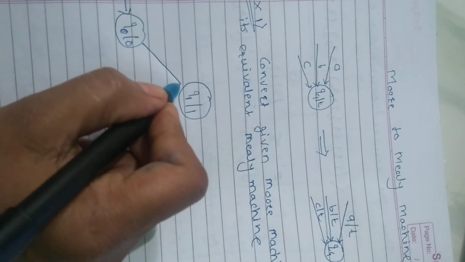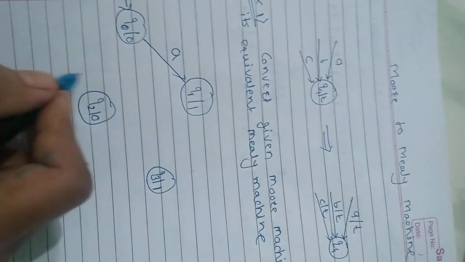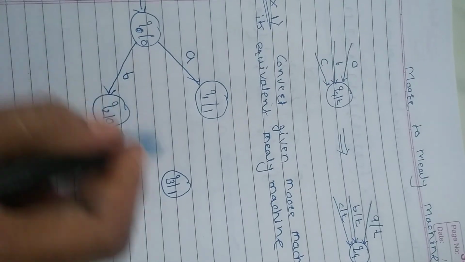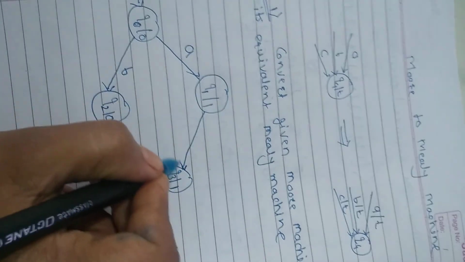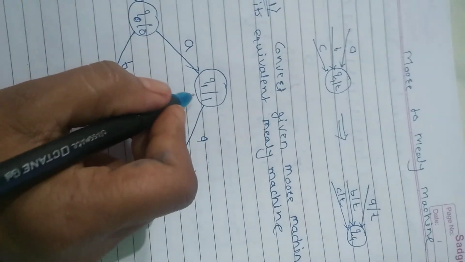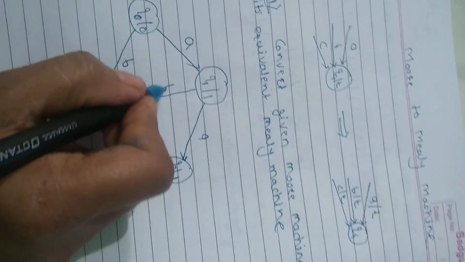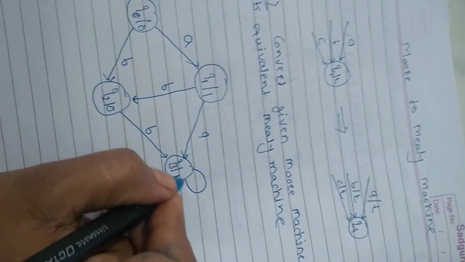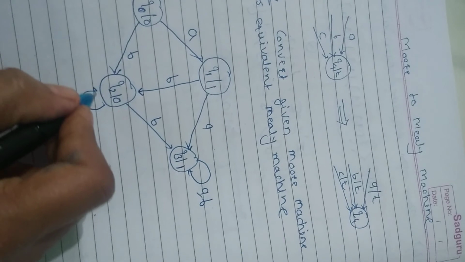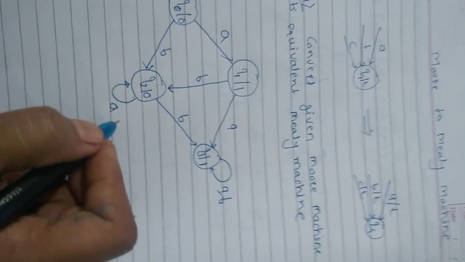There is an outgoing transition from Q0 to Q1 for A, here it is B, then A, B, then A oblique B, and here again one self loop is shown, that is for A.